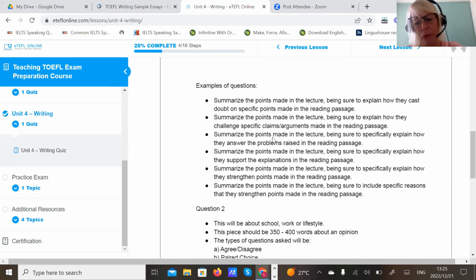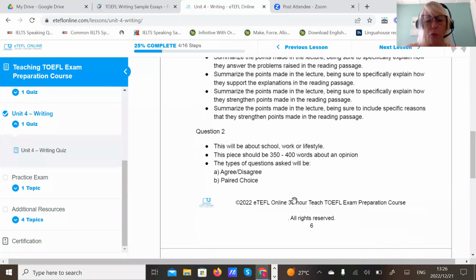They strengthen the points made in the reading passage. So the part 1 is quite basic in the questions, but it's very important that they see these small details in this wording: cast doubt, challenge, answer the problems, those keywords, specific reasons that they strengthen points made in the reading passage. So the whole time it's between the two.